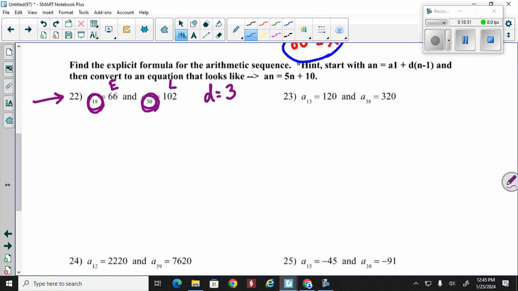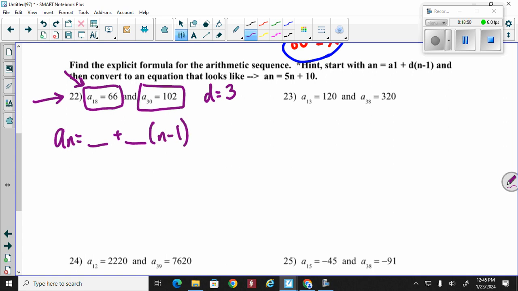Now the next thing is you've got to choose. Let me clean this up a little bit. You choose between this term or this term to figure out your first term. So I'm just going to go ahead and choose this term here, the first one, just because it has smaller numbers. So again, remember, looking for the first term, a of n plus something times n minus 1. Common difference is 3.